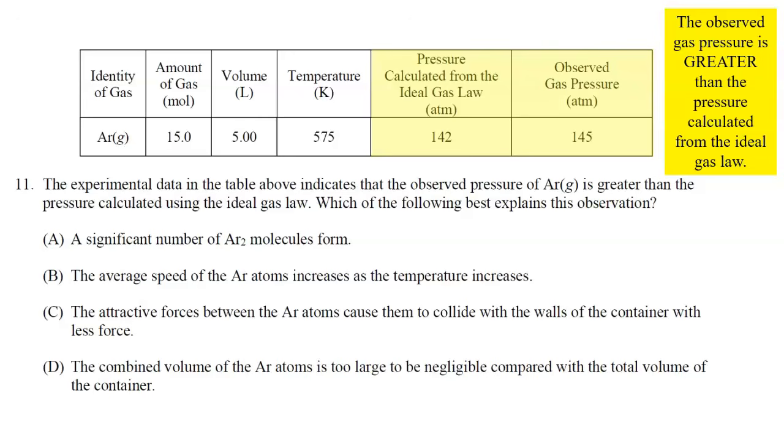So we can already rule out choice C as a possible answer. And the reason why we can rule out choice C is because if there were attractive forces between the argon atoms, that would cause the pressure to be less than the ideal gas law value. So since the pressure observed for argon is actually greater, we know it's not about attractive forces between particles. So there must be another explanation.